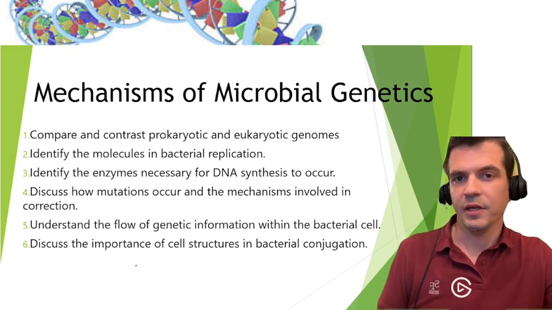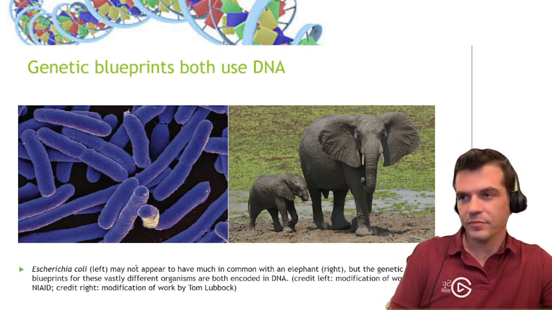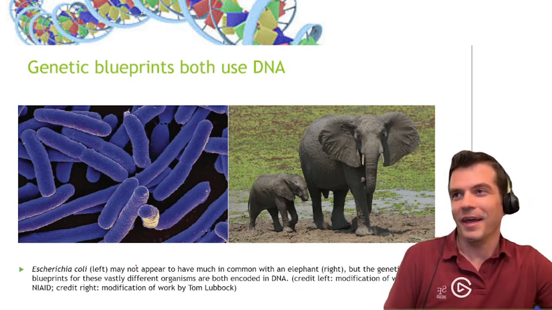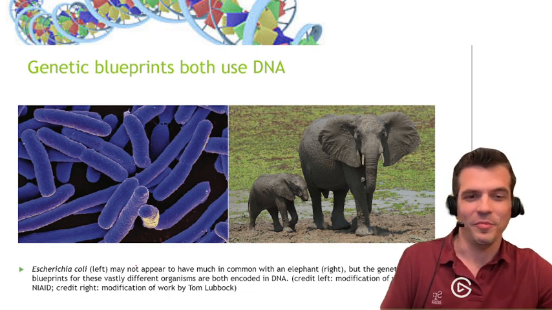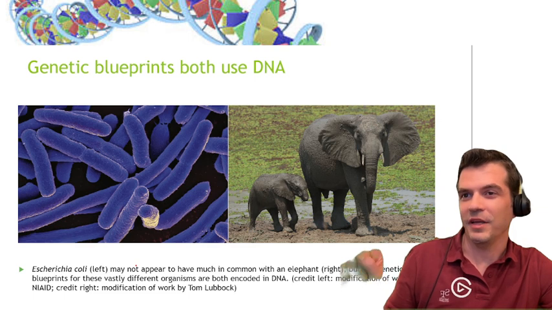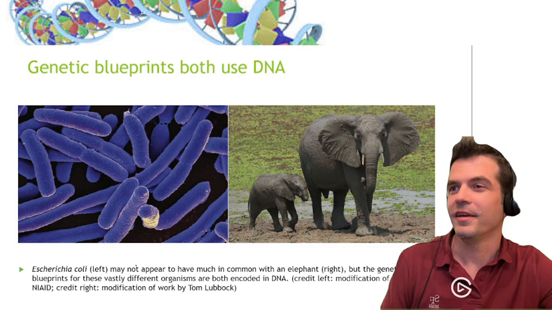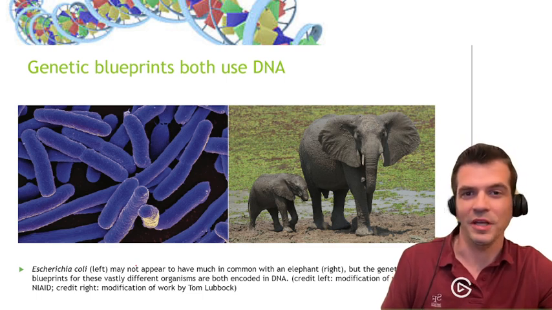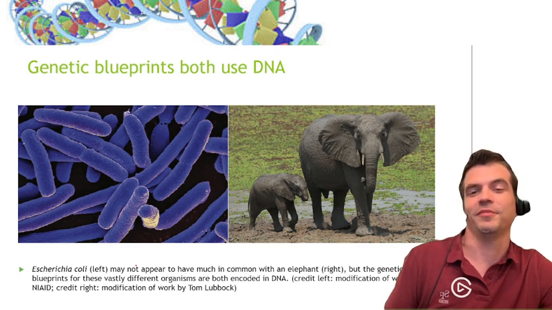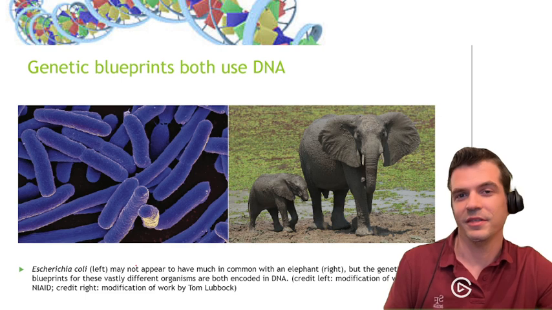Right, so moving into our case study, after we learn about that, the same DNA makes up an elephant and a bacteria. We use the same DNA to RNA to protein mechanisms that are present in microbial genetics.